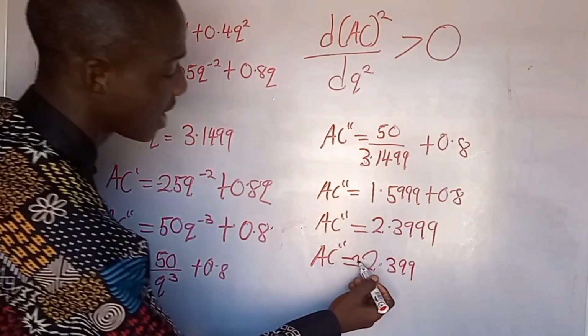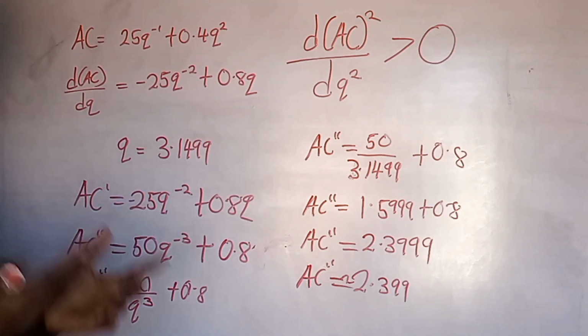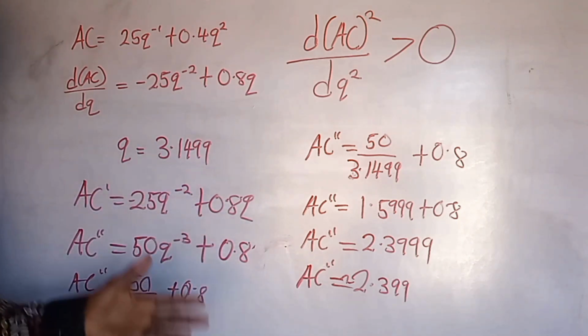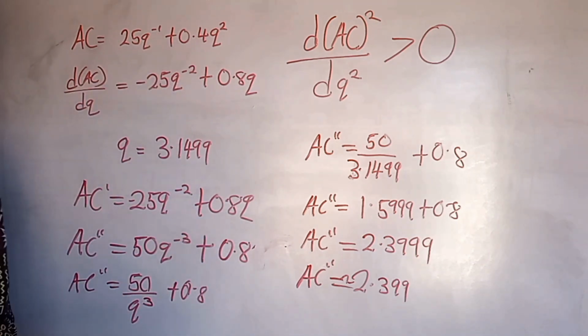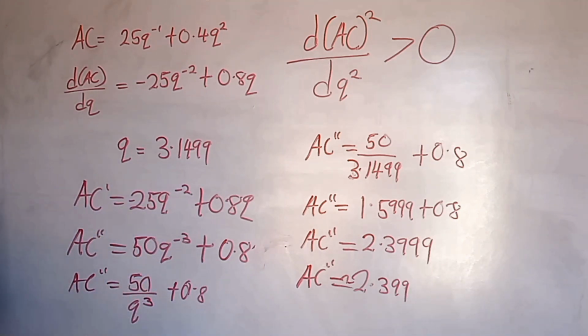So that is how to find the minimum point of any function. You first take the first derivative of the function. After getting the first derivative, you solve for the value of the independent variable, which is q. After getting the value of q, you take the second derivative of that same function, which is what I did here.